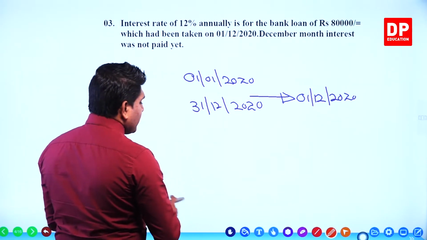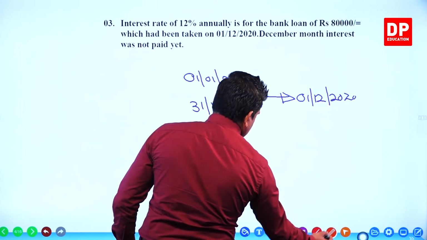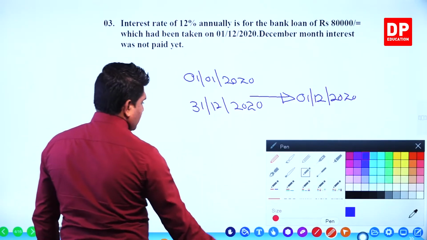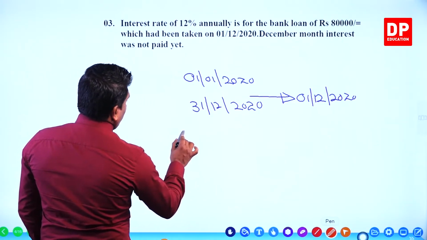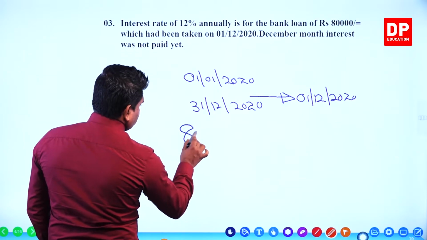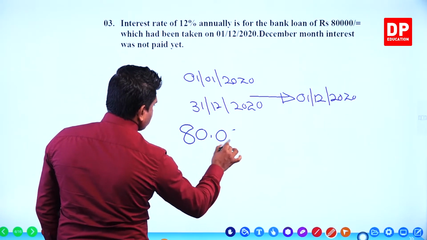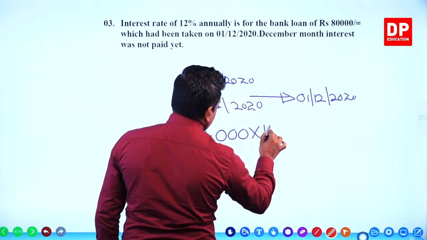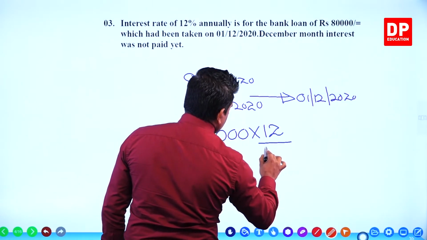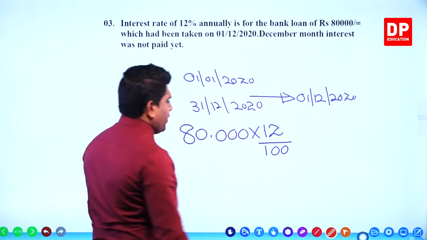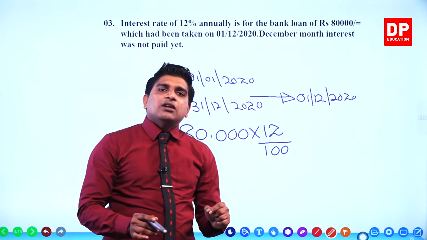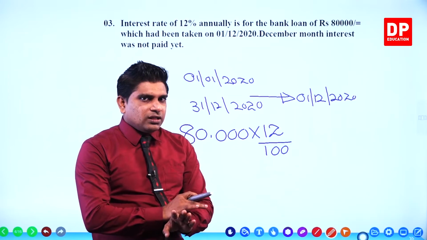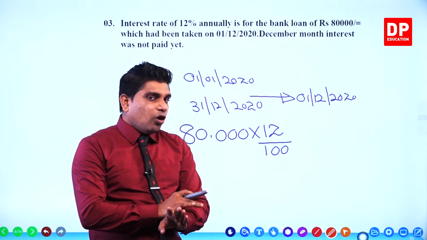Then how do we calculate it? See, like this. Bank loan amount is 80,000 into 12% interest. When you calculate 12%, you get the interest for the whole year.